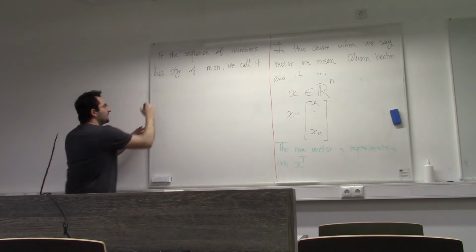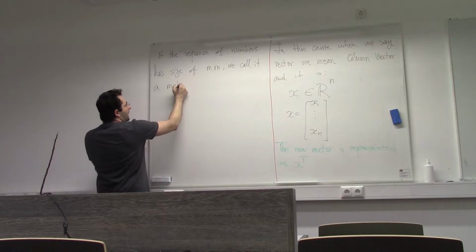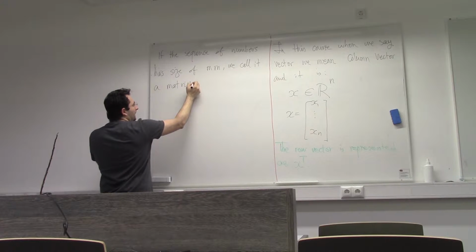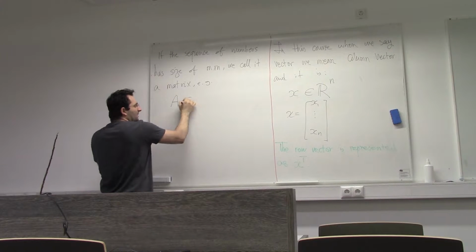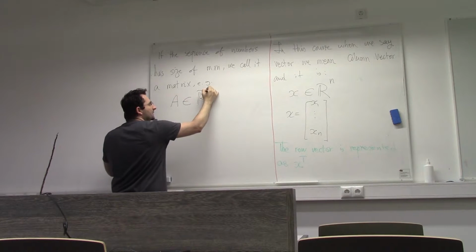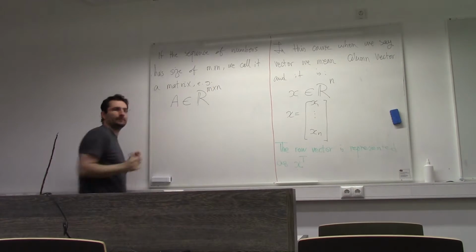Matrix. A matrix. For example, A can be a matrix of real numbers with the size of m by n.